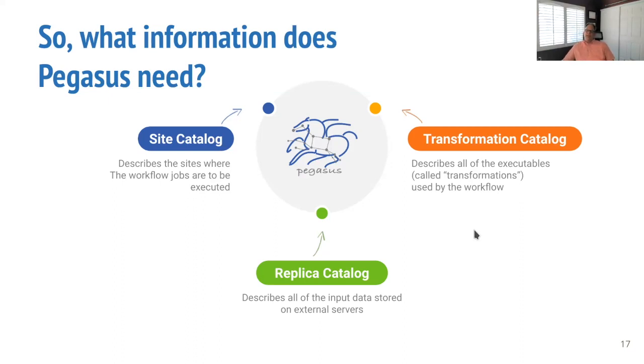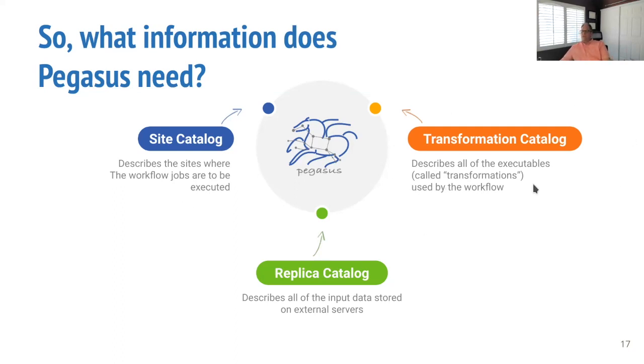One here is the site catalog, which describes the execution environment, right? So in OSG, we're saying, hey, it's a Condor pool. We're saying that there is some storage available, maybe, and where that storage is.